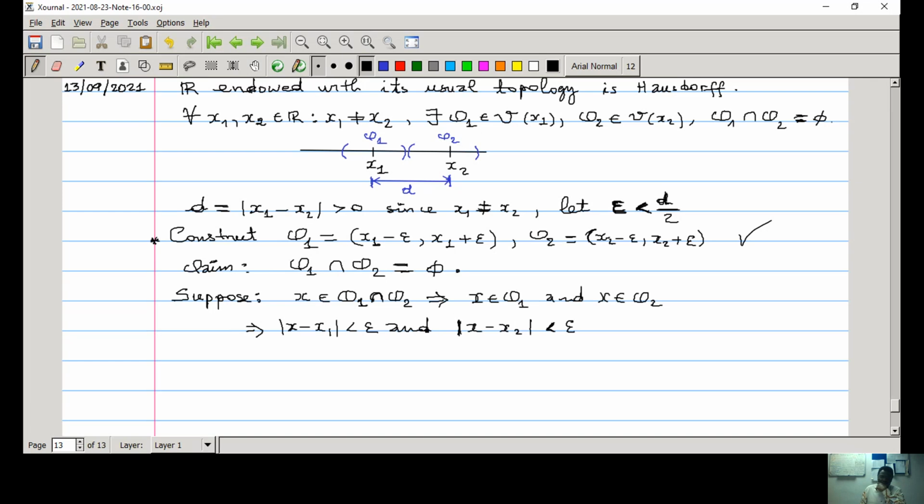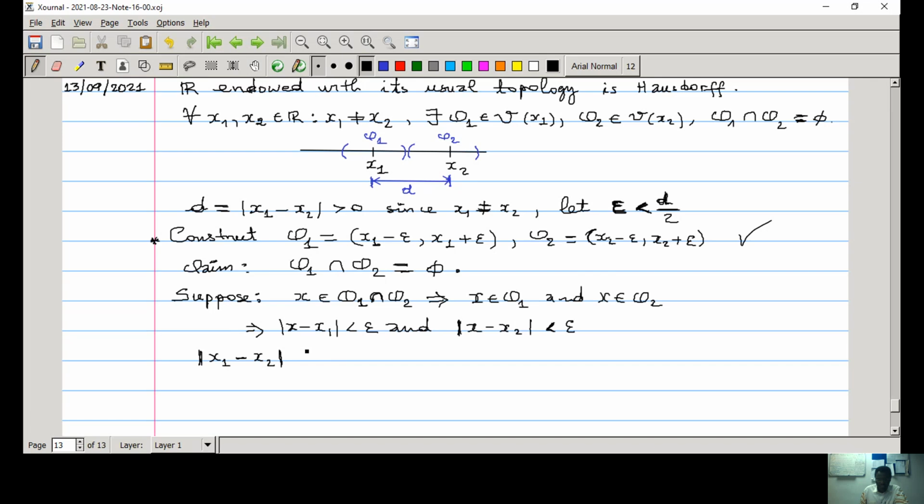One property of R, or of the absolute value, we know that, maybe you don't know, but I know that if I take the distance from x1 to x2, I can say that this distance is less than or equal to... is it the right thing to say?